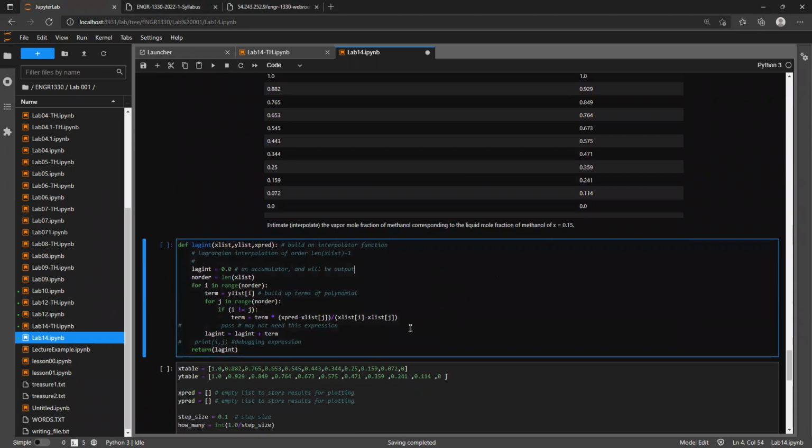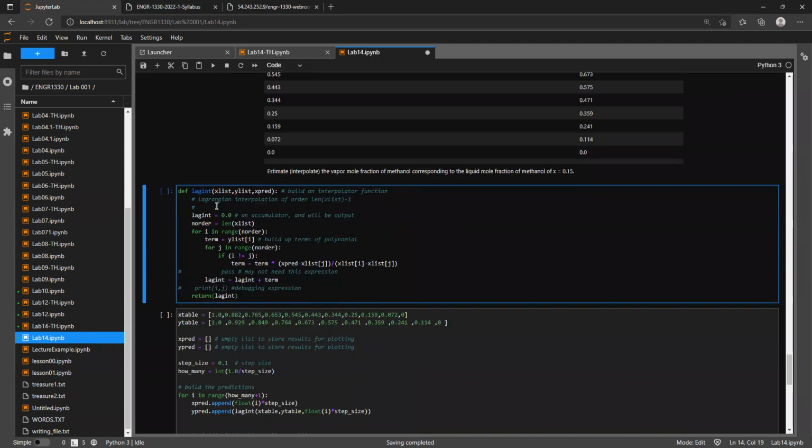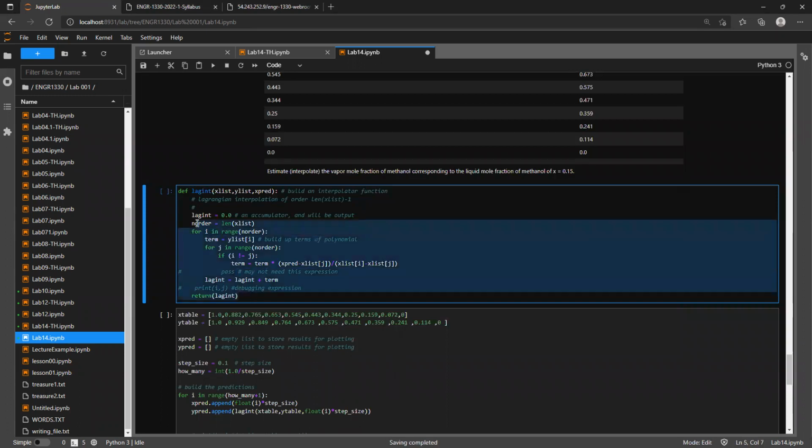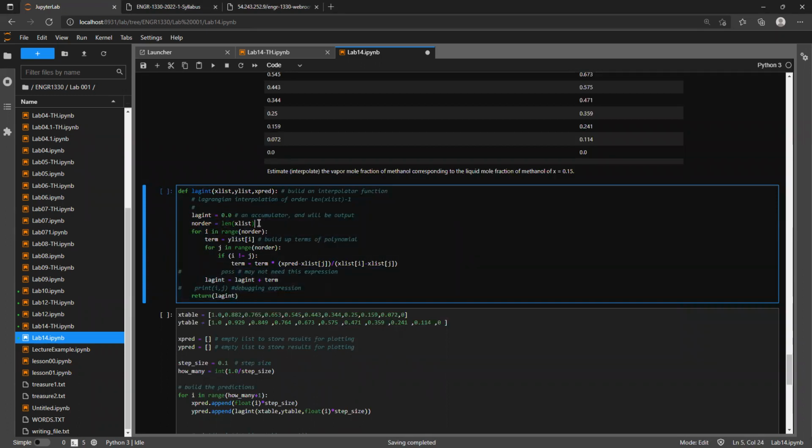All right. We're going to build an interpolation function. Not terribly important, at least I don't think. Lagrangian interpolation is something I went through in scientific computing, not a freshman level course. So I would just say, trust me that this is a basic interpolation method that we know works very well.